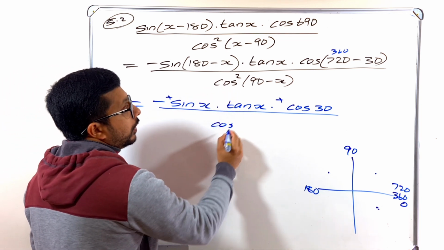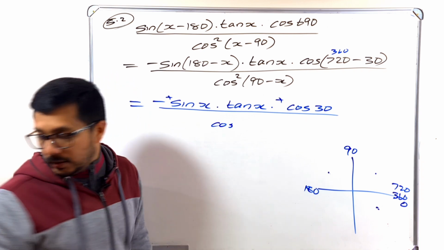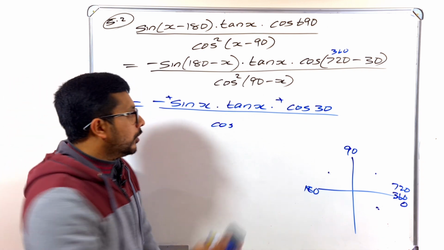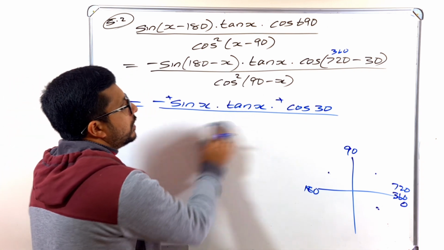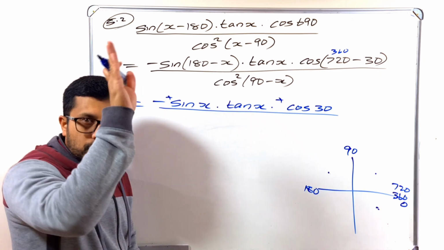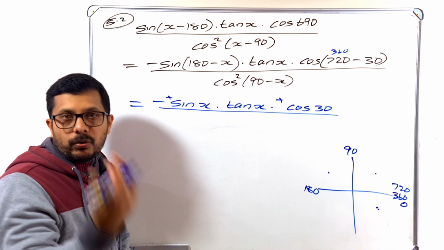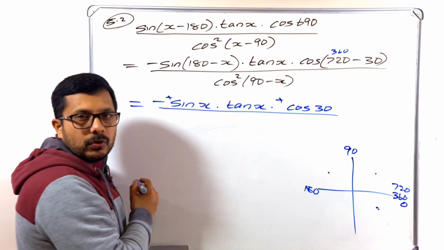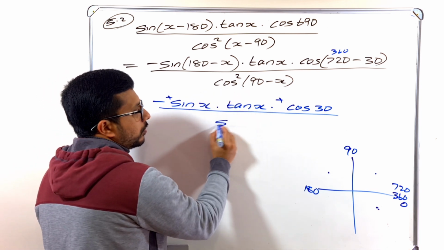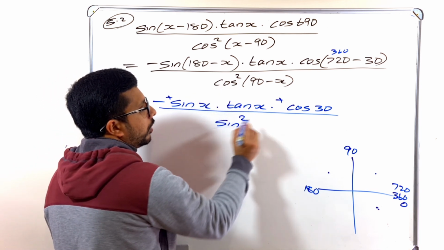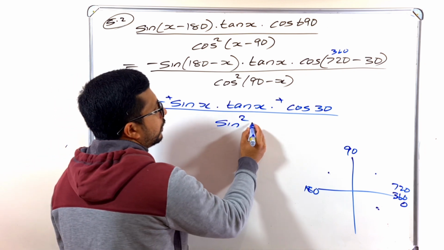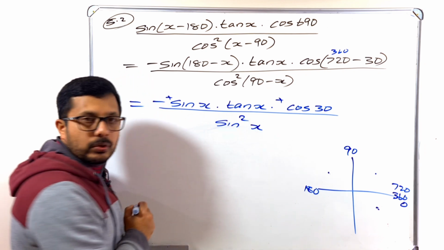Then there is a difference, it's wrong. Why? Because here it is 90 minus, if it is based on the vertical line, you have to change to its co-function. What is the co-function of cos? It is sine, so it is sine, and since here it is square, you have to put that square there, then sine square x.